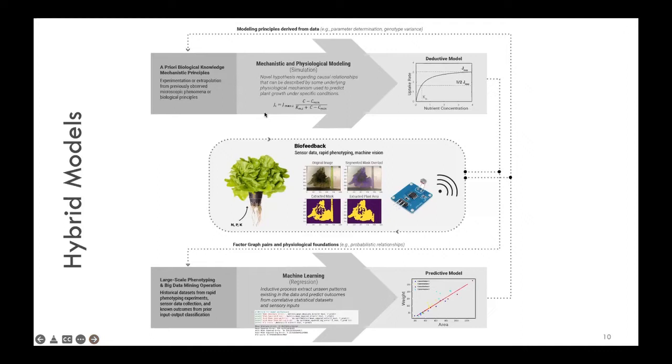And this is all facilitated, or it slowly is becoming facilitated by biofeedback, the use of sensor data for rapid phenotyping, things like machine vision, and some of the really fascinating stuff Tony will talk about in a few minutes, the opportunity to leverage sensing to produce these hybrid models is really fascinating.